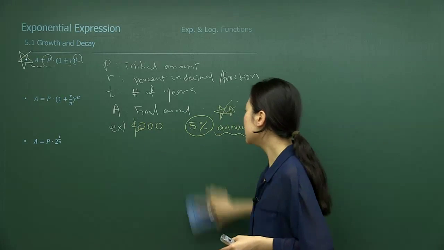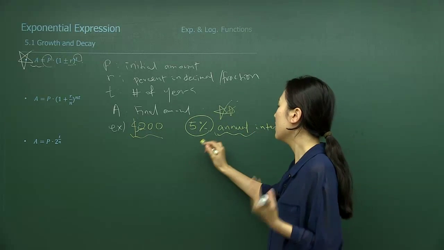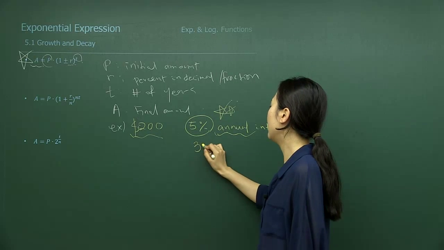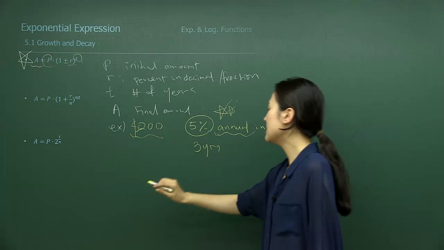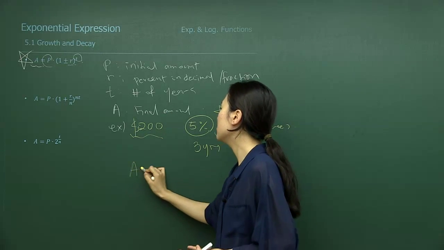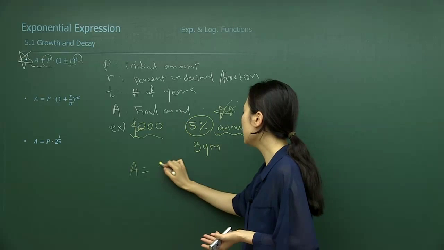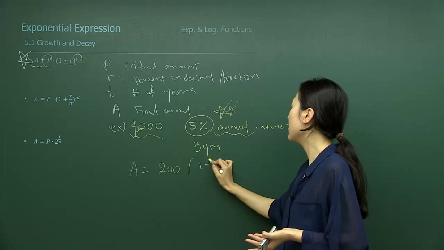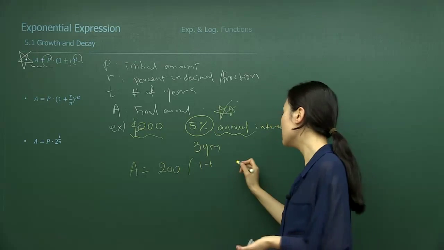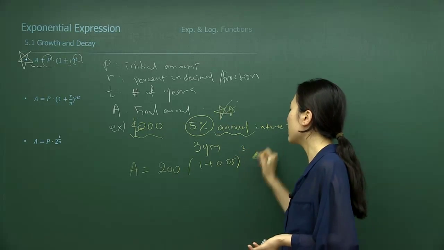So this is the initial amount, and this is the percentage. So let's keep that in the bank for 3 years at an annual interest rate. So let's see. In order to see how much you will be receiving at the end of the term, you will have to just plug in the values, 200, and multiply that by 1 plus 5% in decimal or in fraction, doesn't really matter, to the power of 3.